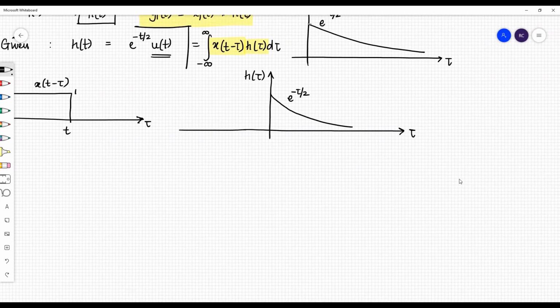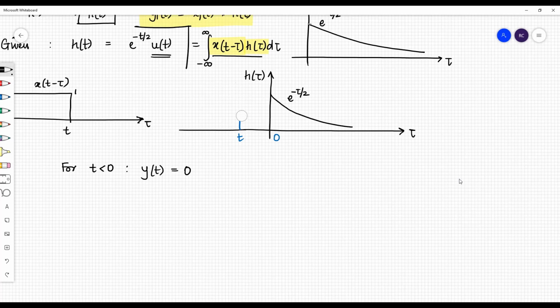In the first case, x(t minus tau) is supposedly somewhere here, and this is t. This is the case when t is less than 0. There is still no overlap between x(t minus tau) and h(tau), because the leading edge of x(t minus tau) hasn't reached here. In that case, we can clearly see that y(t), this product, is equal to 0.